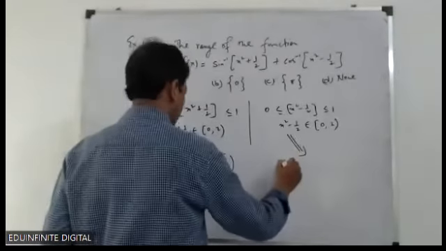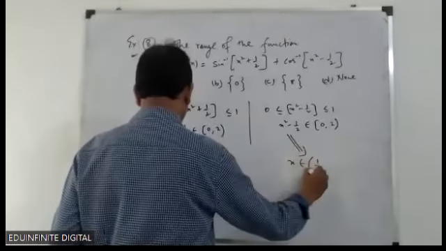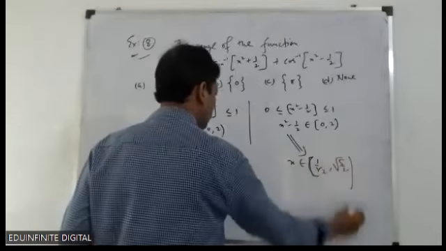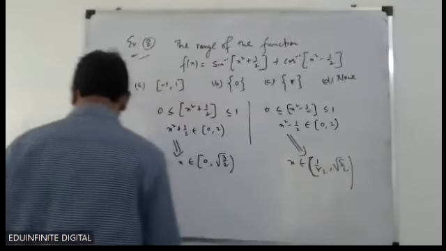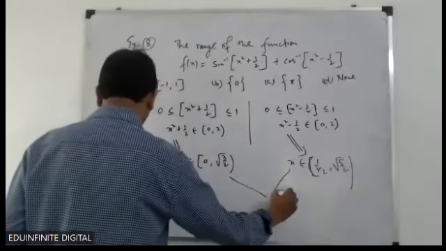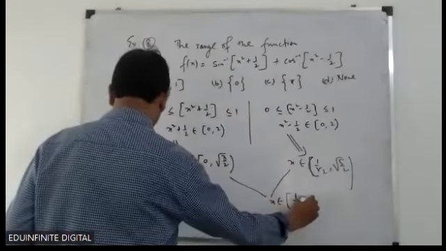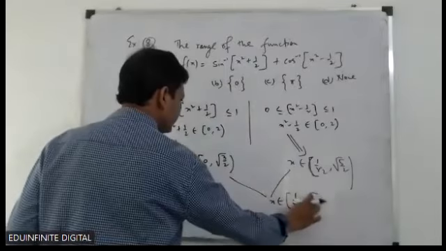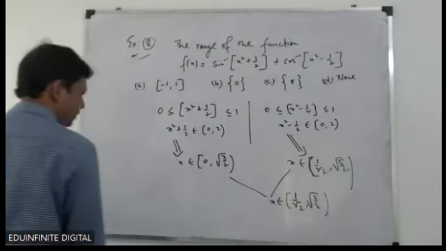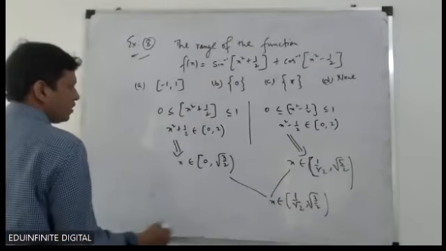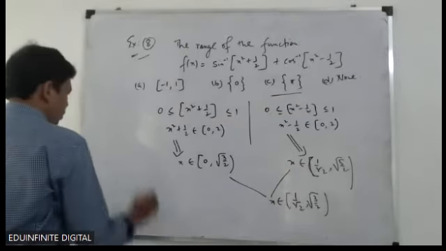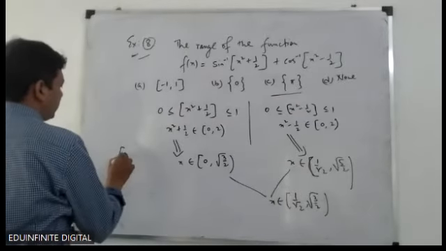And from here, you will get x belongs to 1 by root 2 to root 5 by 2. This is a closed bracket, this is an open bracket. From these two, your domain will be obtained; use the domain first. Then you can calculate the range, and the range will be pi, because x square plus half will be 1.